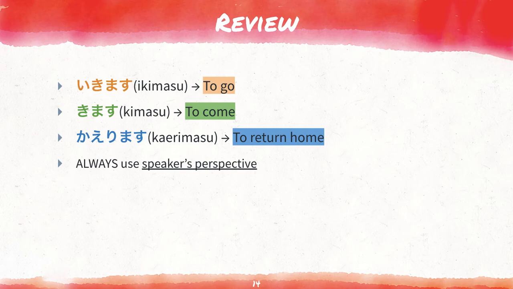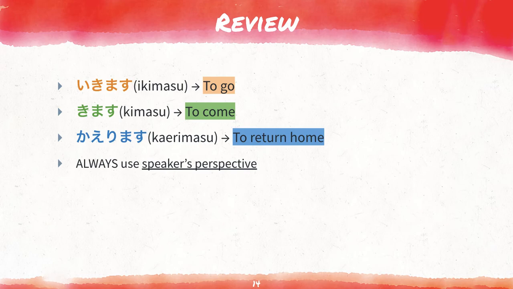Kaerimasu is to return home, and its past tense is kaerimashita. And the special thing that we've learned was to return as well, but we say modorimasu, and the past tense is modorimashita.